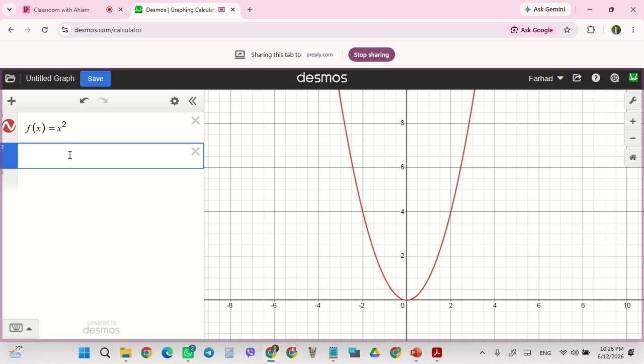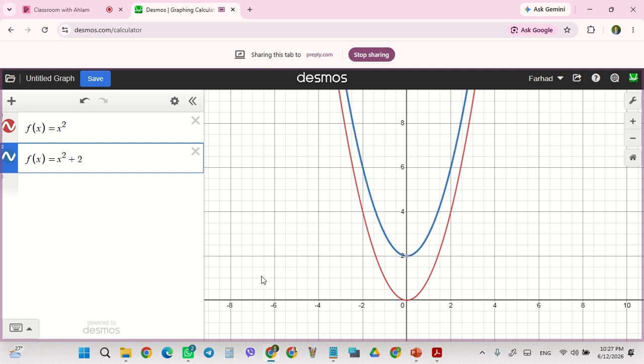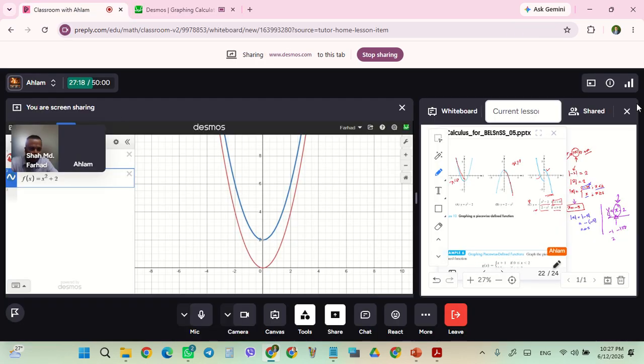Now, if we move it, or if we add 2, f of x equals x square, and if we add plus 2, then what happens? Blue one, what you see here, it goes up 2 units, right?